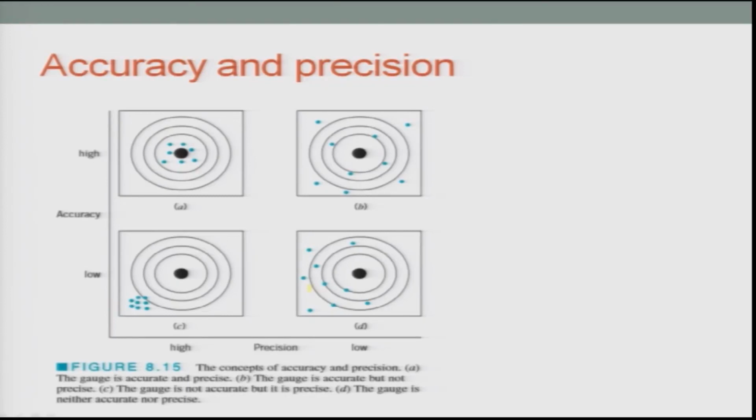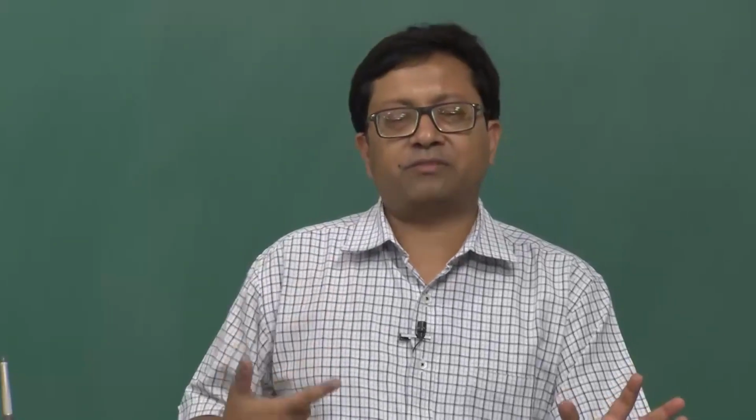It may be wrong, but if I keep repeating taking the wrong estimate or wrong reading, obviously it means that my actual gauge calibration has been done very wrongly, but still the precision value is very high, because the values are concentrated in and around the value which is being calculated.